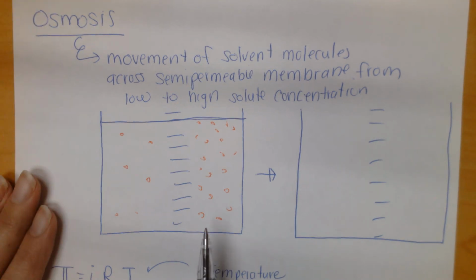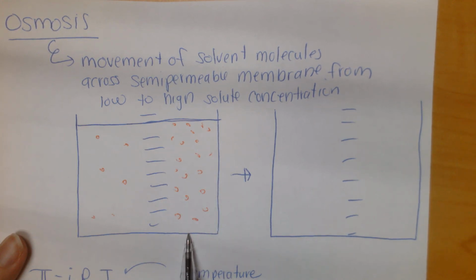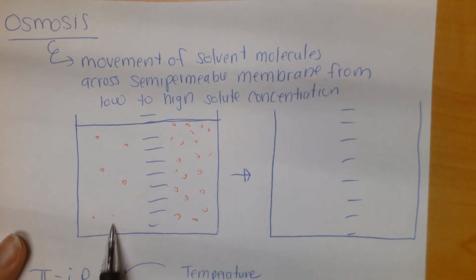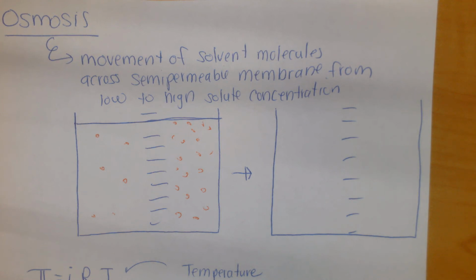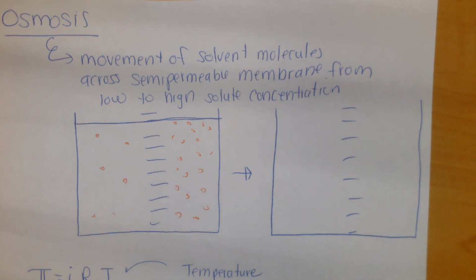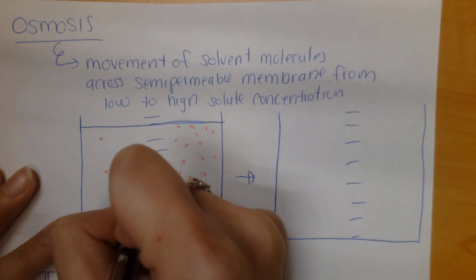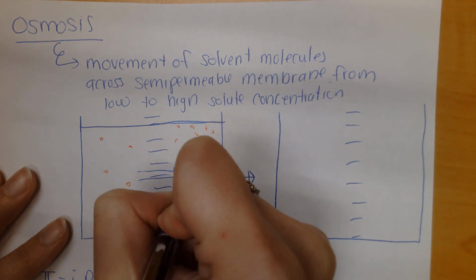I have this drawing here of a solution. We have high concentration of solute here, low concentration of solute here. So what's going to happen over time is the solvent, the liquid, is going to move across the membrane. So we'll draw an arrow.